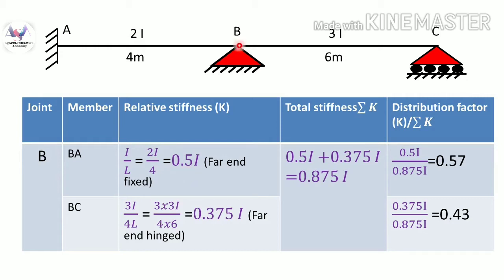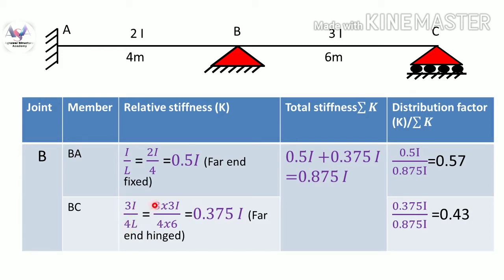Now again from the joint B, the starting letter should be B. Now look toward the C. What is C? C is a roller support or simply supported. So when the far end is hinged, in that case relative stiffness is 3I by 4L.